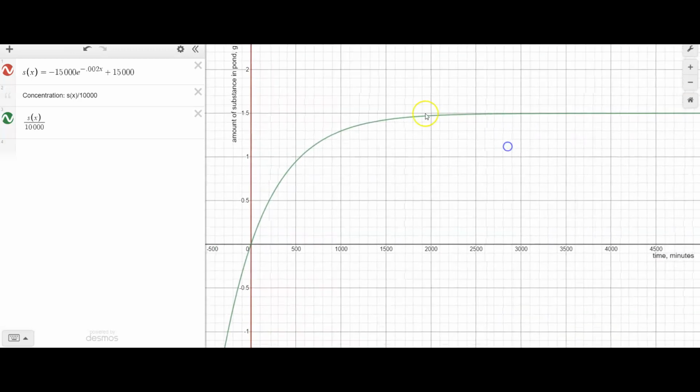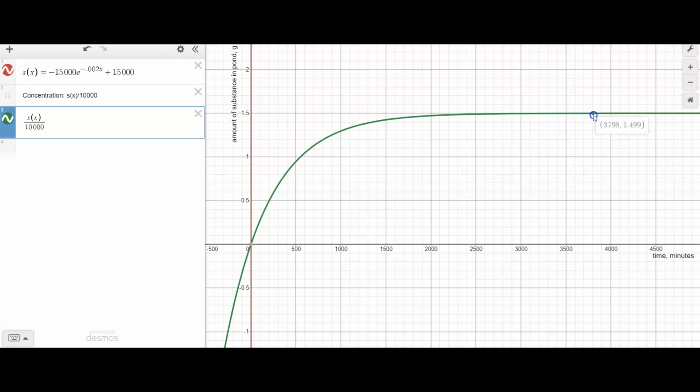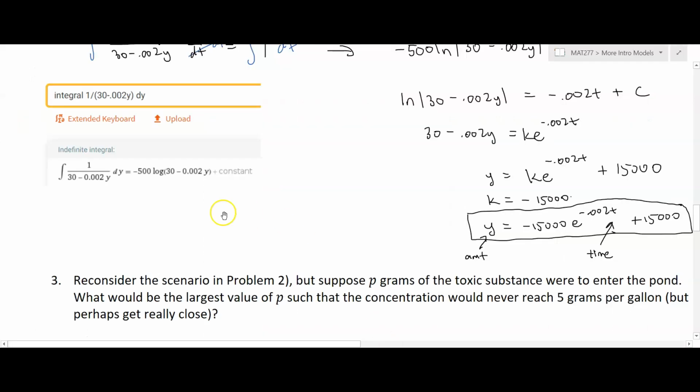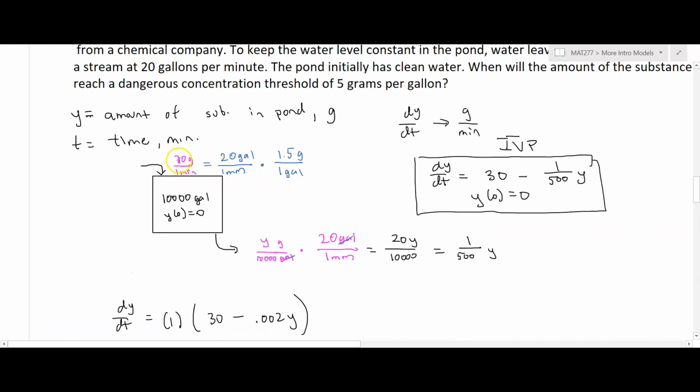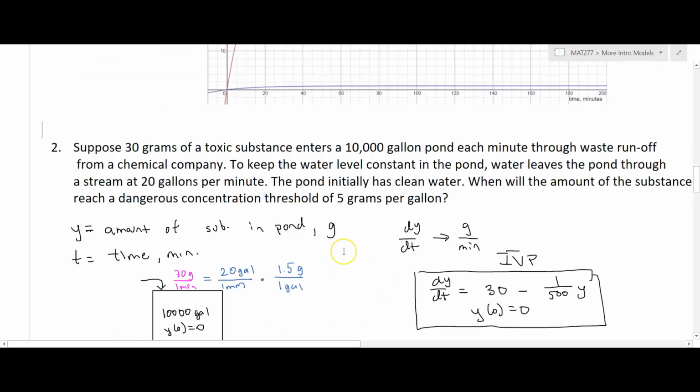That looks pretty good. And I can see that that concentration is approaching 1.5 grams per gallon. And that's pretty interesting because guess what? What we calculated back here was that in order for 30 grams to be entering per minute, without the volume changing, knowing that 20 gallons per minute are coming out, we were able to solve for the concentration coming in as 1.5 grams per gallon.